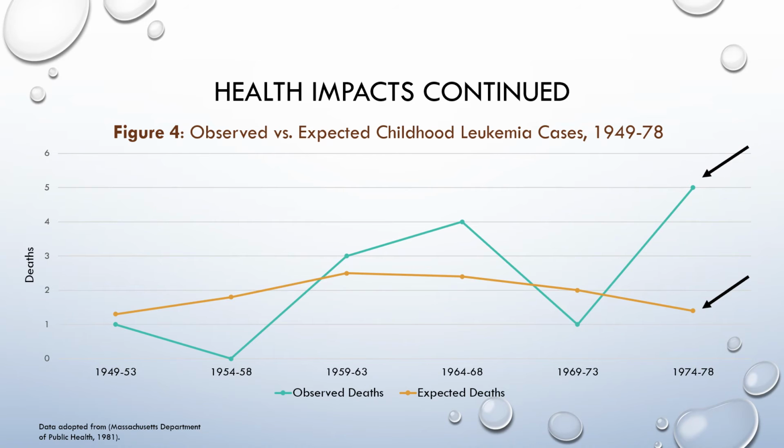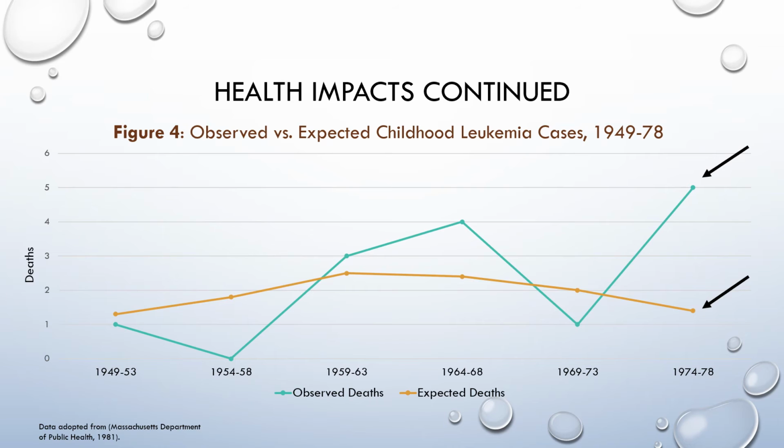You can see that in 1964, when Wells G and H were introduced, childhood leukemia is observed in greater number than the expected amount. In 1969 to 1973, this flips by a small margin, but then from 1974 through 1978, you can see that the observed number of deaths versus the expected number of deaths skyrockets.